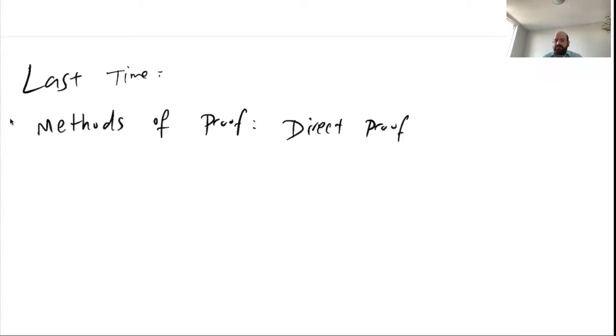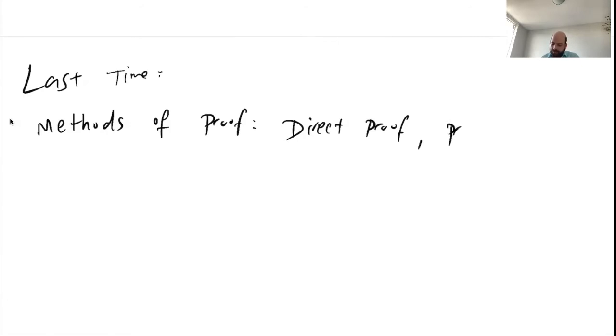Remember, when you want to prove a conditional statement, there is an assumption, also called a hypothesis, and there is a conclusion. In direct proof we start with the assumption, and we do some reasoning or computations in the middle, and at the end we have to reach the conclusion.